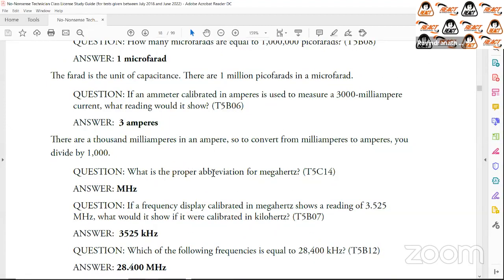What is the proper abbreviation for megahertz? So the prefix has to be capital M. And later on, we will deal with what is a hertz, and we will find out that Hz, capital H lowercase z, is how you represent hertz. So the lesson here is that mega uses the prefix capital M.